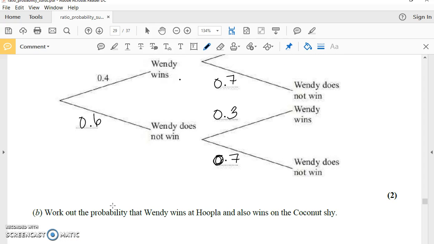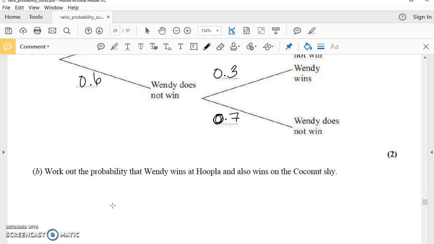Now, it then wants us to work out the probability that Windy wins at Hoopla and also wins at Coconut Shy. So, what I want to do is multiply the probabilities that she's going to win at Hoopla and also win at Coconut Shy.